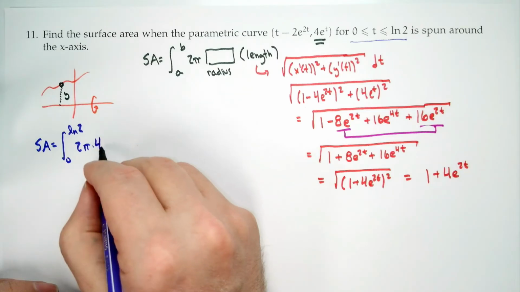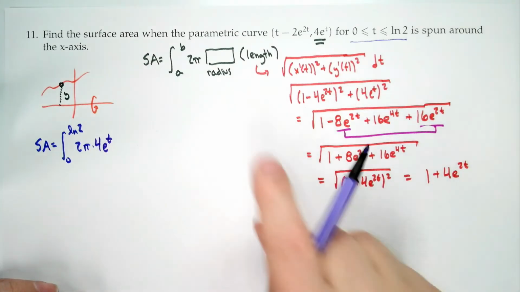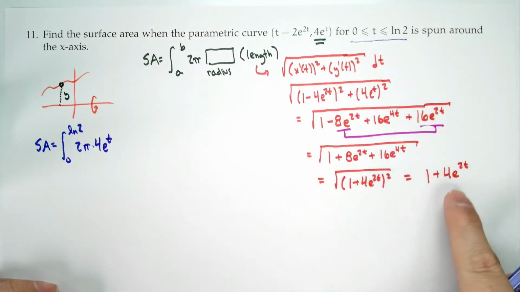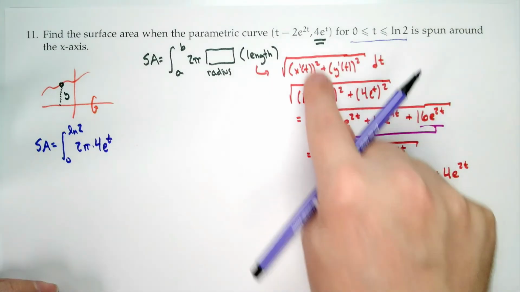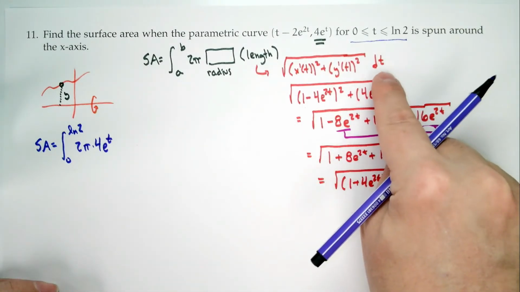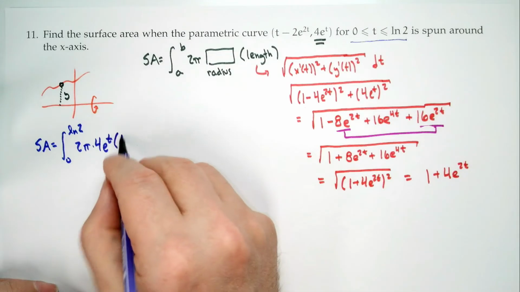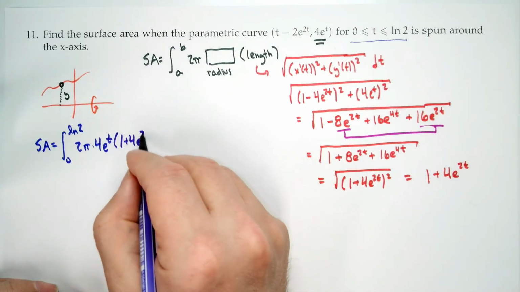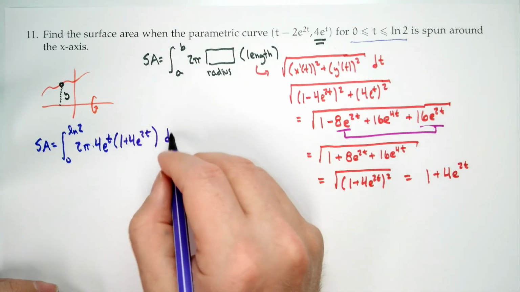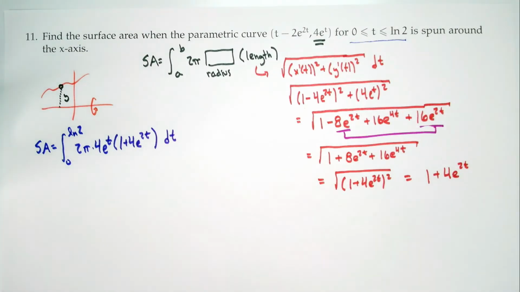So 4e to the t. Now the length. Well, the length is the 1 plus 4e to the 2t. That's the square root term. Don't forget the dt. So 1 plus 4e to the 2t dt. Now it's set up. And it looks like it's something we could do.